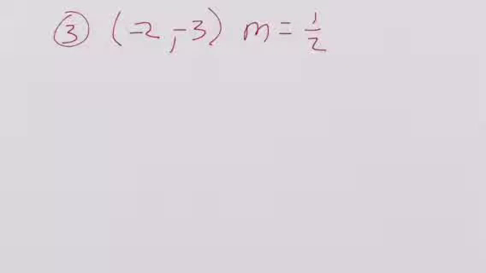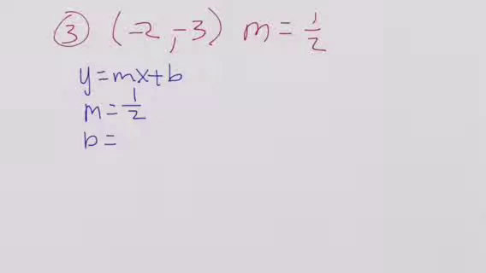We're doing equation of the line. As soon as we hear equation of the line, we write y equals mx plus b, m equals, b equals. So in this case, m is going to be 1/2. So I already know 1/2. I don't have to solve for it, but I do need to find b. So I'm going to write my equation. Y is equal to mx plus b.